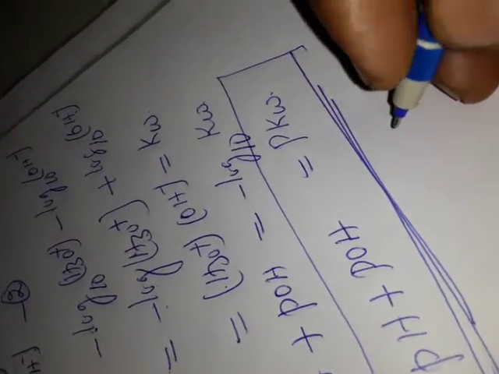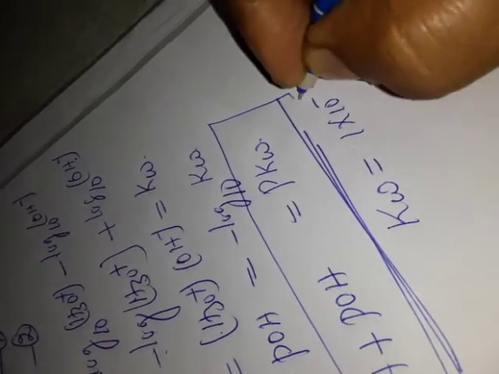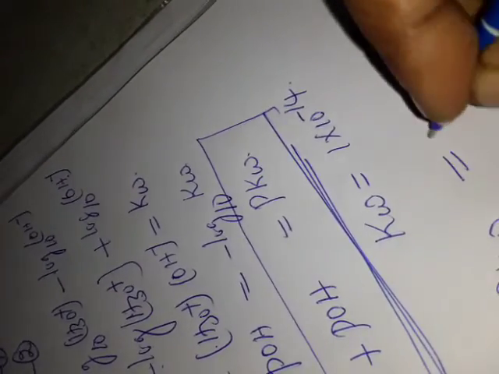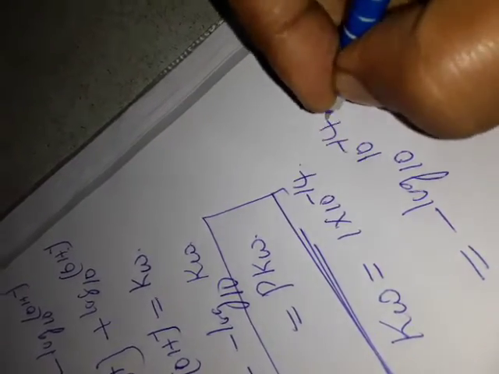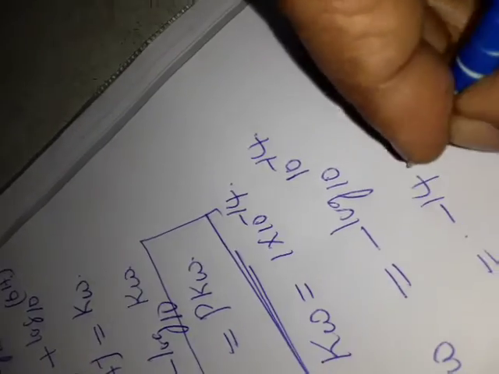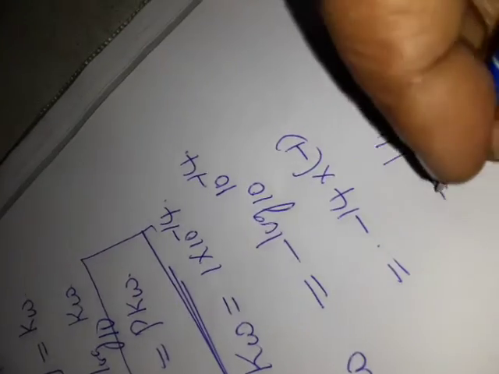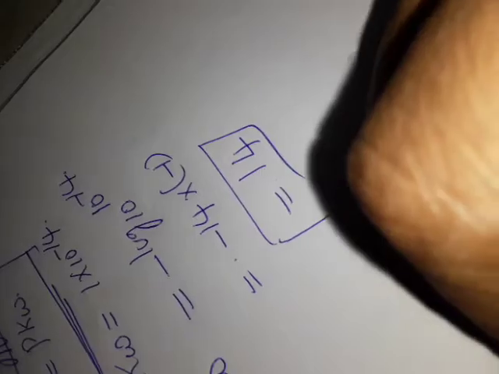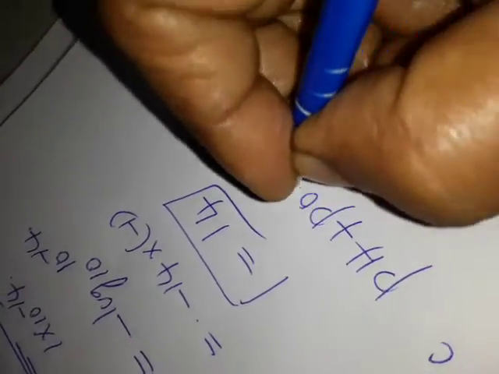At 25 degrees Celsius, the ionic product of water Kw is equal to 1 into 10 power minus 14. So pKw is equal to minus log to the base 10 of 10 power minus 14, that is minus 14 into minus 1, which is equal to 14. So at 25 degrees Celsius, pH plus pOH is equal to 14.